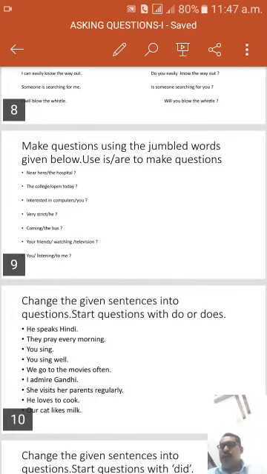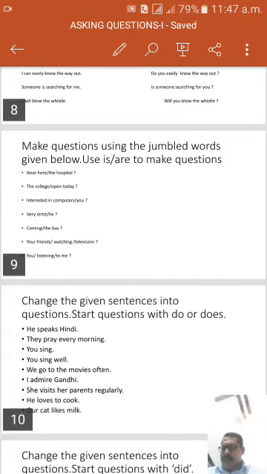Is the college open today? Interested in computer, you. Are you interested in computer? Very strict he. Is he very strict?